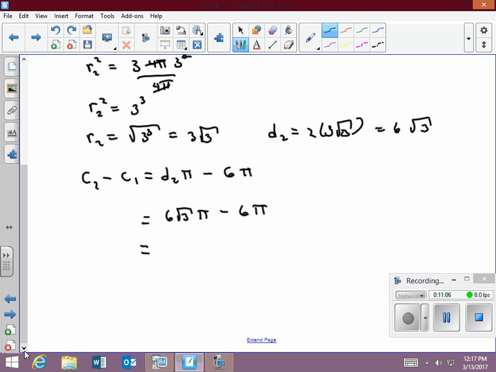Okay. So this is square root of 3, so we can factor out the 6 pi, can't we?